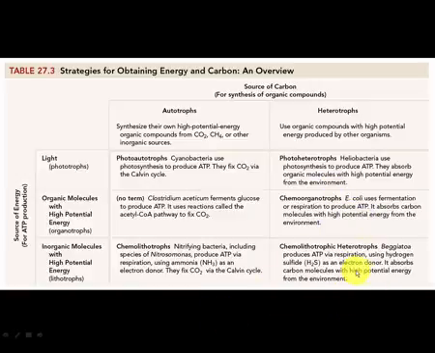And down here, finally, the chemolithotrophic heterotrophs, say that 3 times fast, use organic compounds from the environment as a carbon source, but use inorganic molecules with high potential energy as a source of ATP. And again, this is one of these organisms that uses an inorganic compound and converts it into a different chemical form.